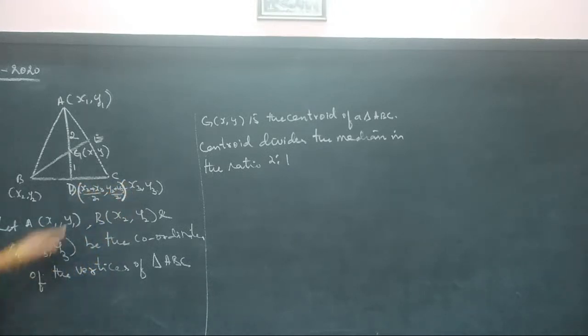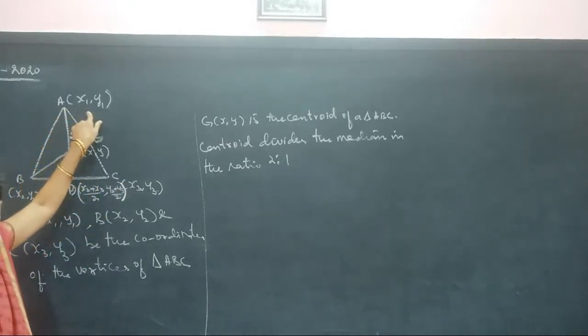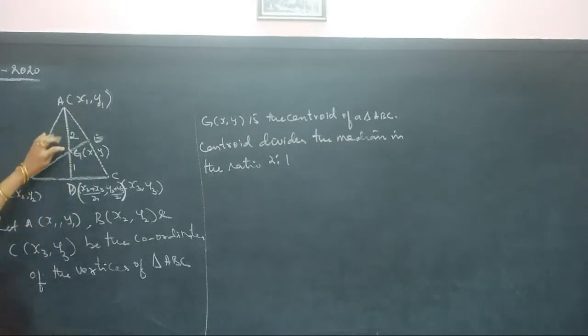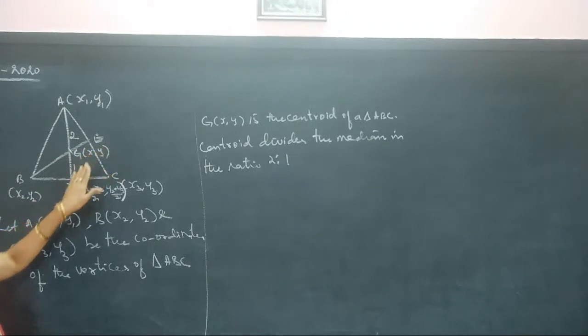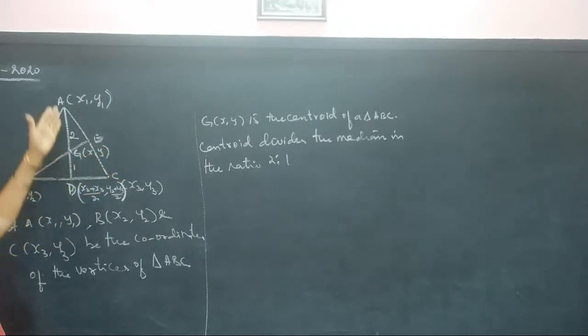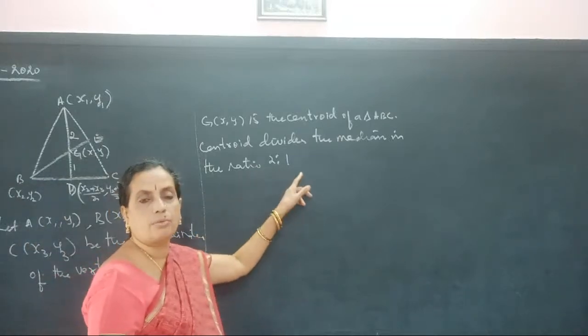Okay. So these are the coordinates of point D. x1, y1 is the coordinate of point A. G, x comma y we have to calculate, where G divides AD in the ratio 2:1.